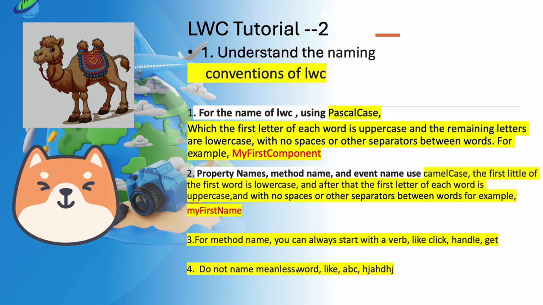What is the purpose of this code? What's your intention in doing this? So you'd better name things with a meaningful word. I think we need to be very careful about these four factors when we do the naming of an LWC.